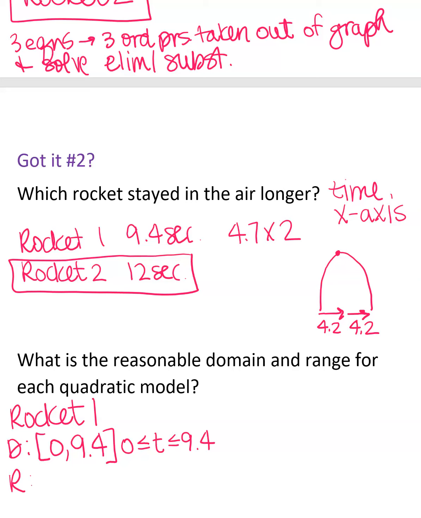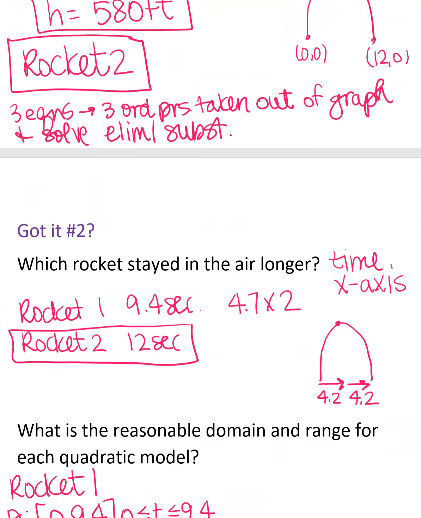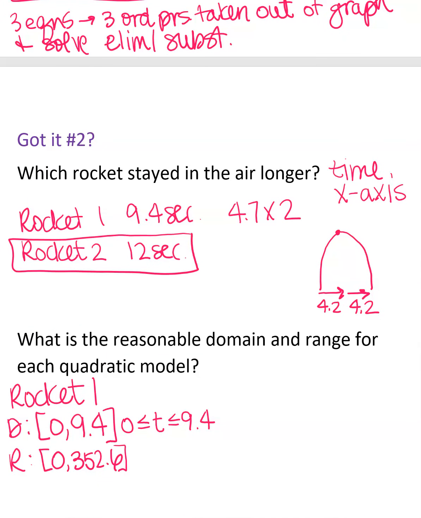The range value goes from 0 to 352.6. And then in the book, they'll go 0 less than or equal to height less than or equal to 352.6. Okay, so you can do either or.